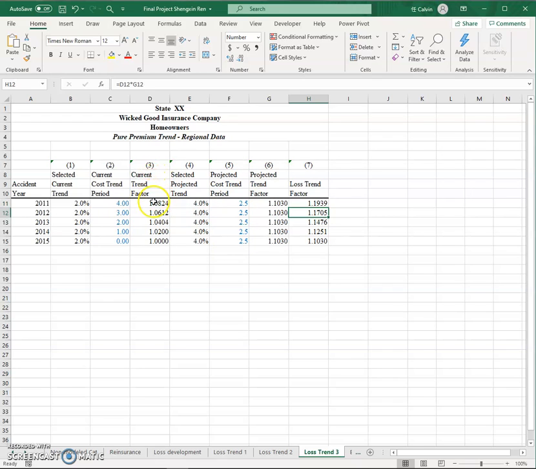So the current trend factor is simply 1 plus the selected current trend to the trend period, and we get the factor. Same for the projected trend: 1 plus the selected projected trend to the cost trend period. The loss trend factor is the current trend factor times the projected trend factor.